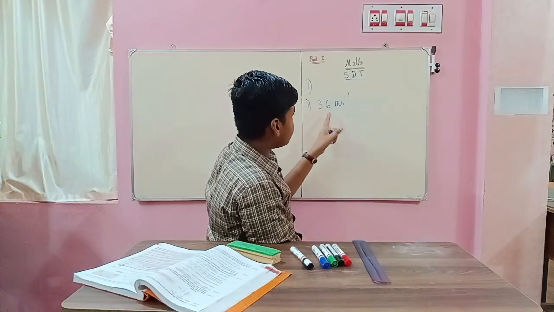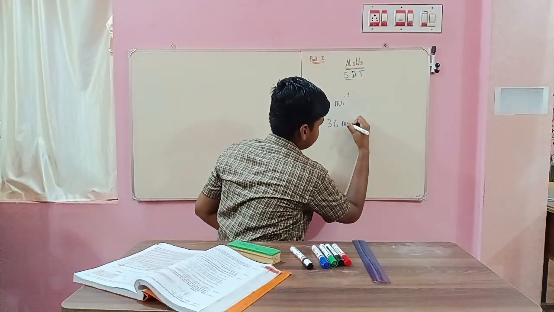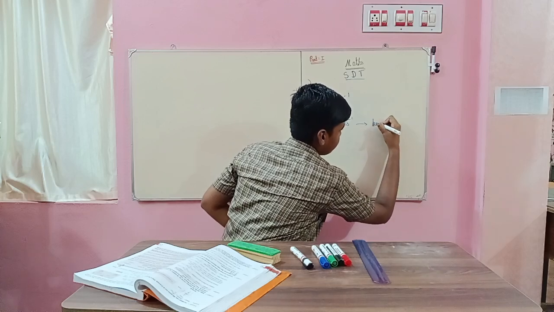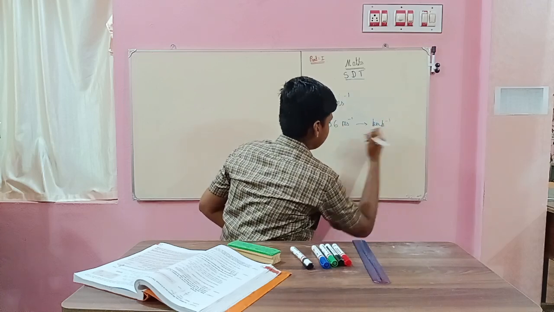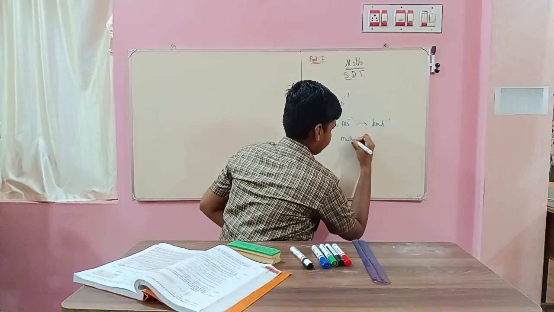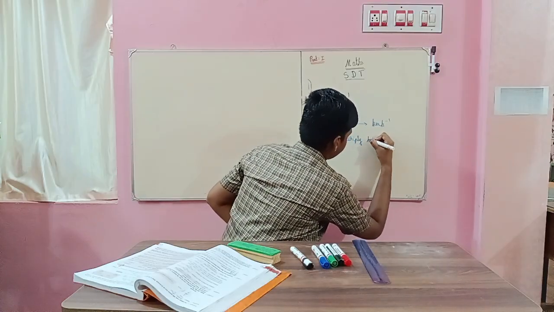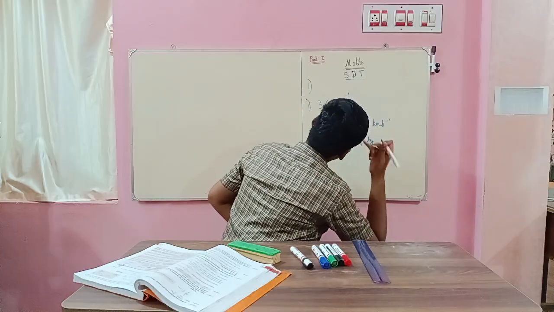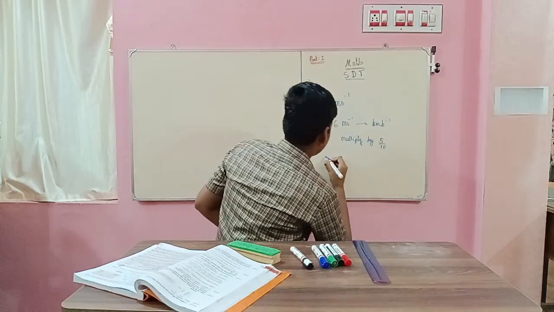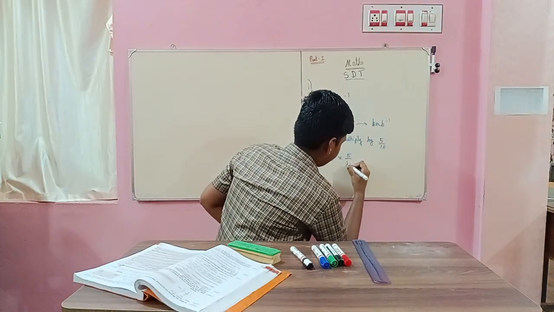If I need to convert this 36 ms minus 1 to km h minus 1, multiply by 5 by 18. Understood? So 36 into 5 by 18.